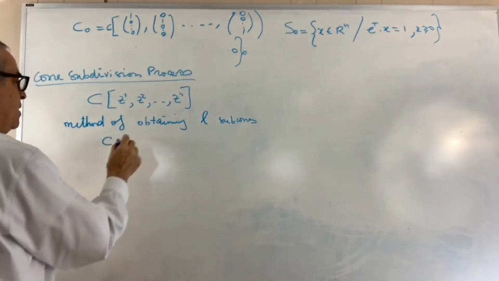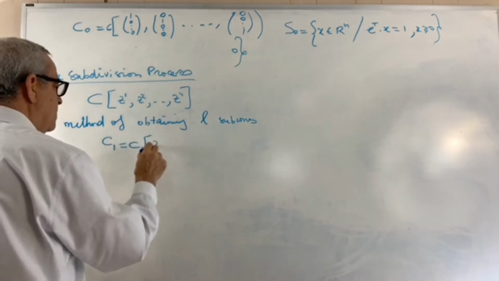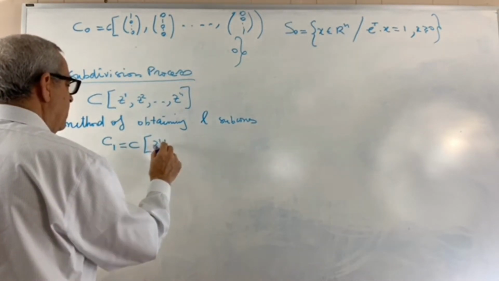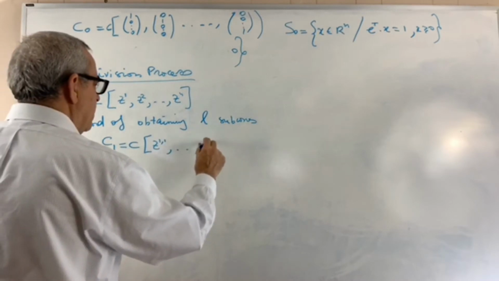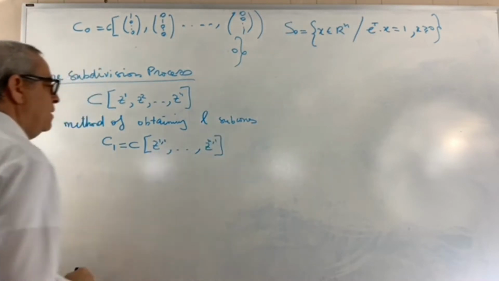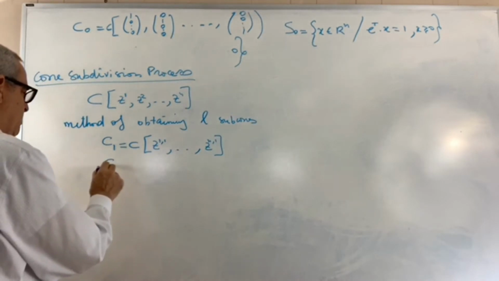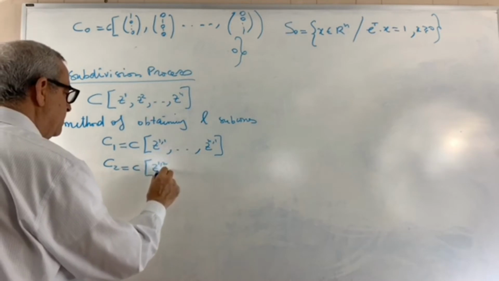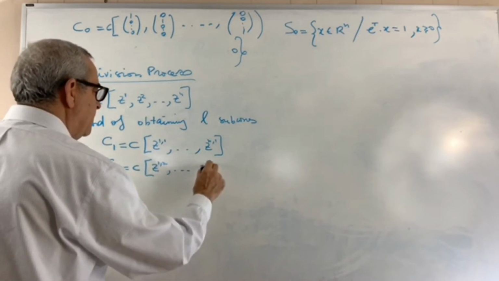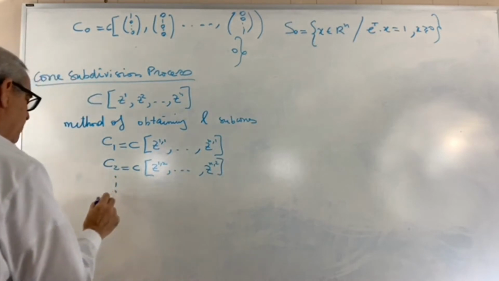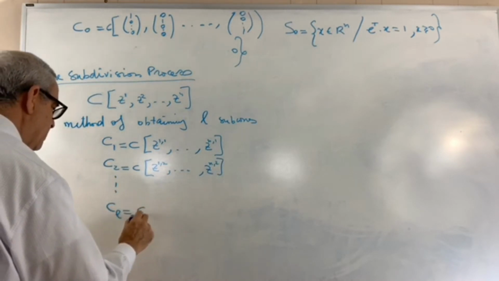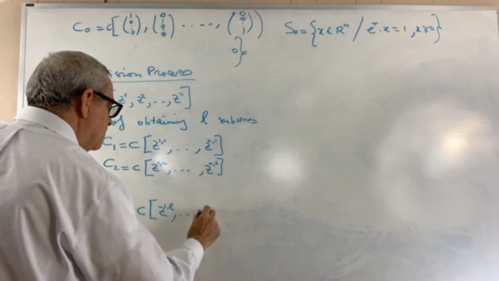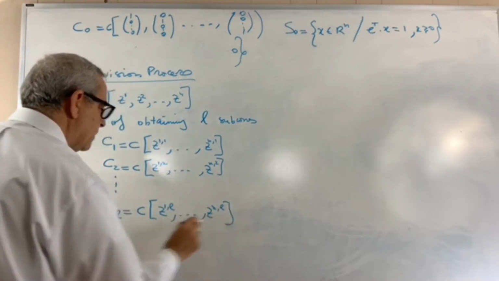The first one is C1, equal to C of Z11, ..., Zn1. The second is C2, equal to C of Z12, ..., Zn2, up to the last one, CL, equal to C of Z1L, ..., ZnL.